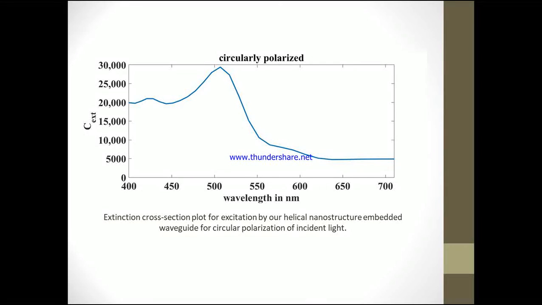Now I consider the case of circularly polarized input or circularly polarized excitation. The thing with this is that this circularly polarized excitation is not giving us anything different, because both the left and the right circularly polarized light give us the same output, the same extinction cross-section plot.